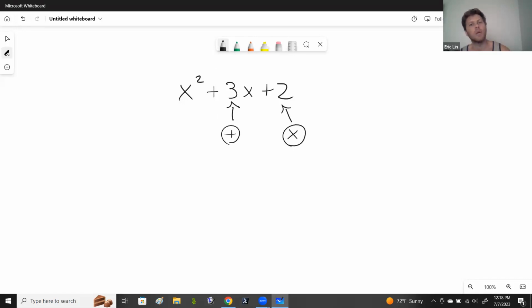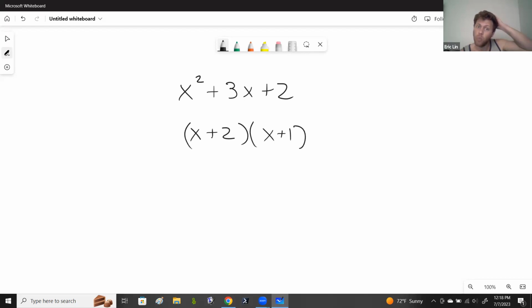So what are two numbers that add to give us 3 and also multiply to give 2? It's just 2 and 1. So 2 plus 1 is 3. 2 times 1 is 2. So I know, based on that, that my quadratic expression can be factored into the following: x plus 2 times x plus 1.